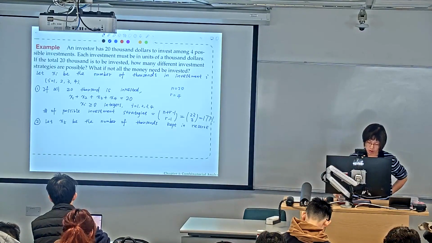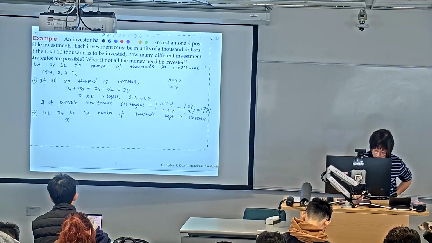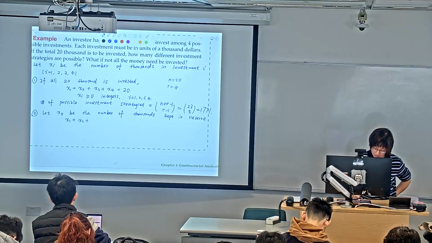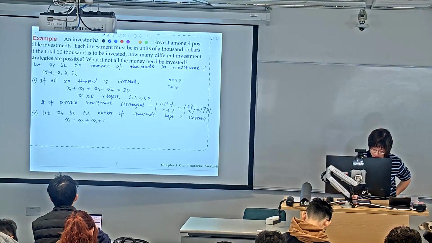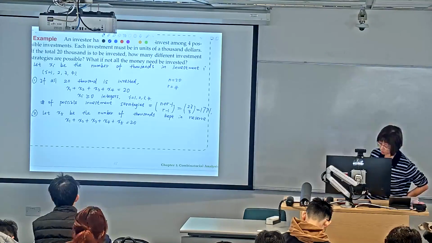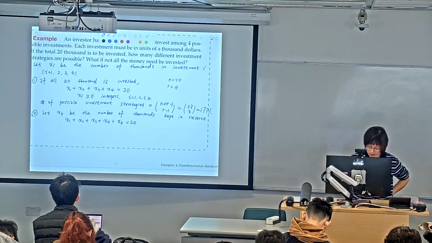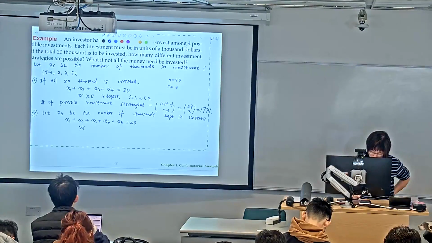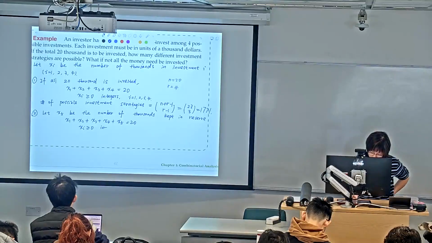So we still have a linear equation. Now we have x1 plus x2 plus x3 plus x4 plus x5 equals 20. Okay, so we don't need to consider different cases now. And also, these xi's are still non-negative integers.